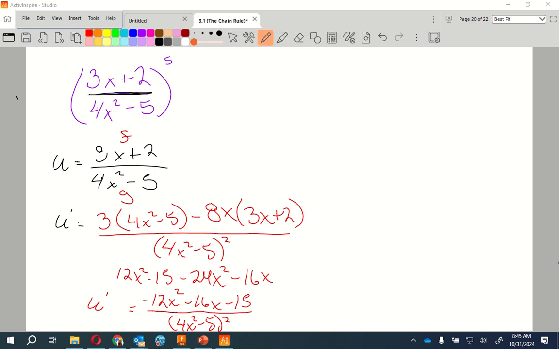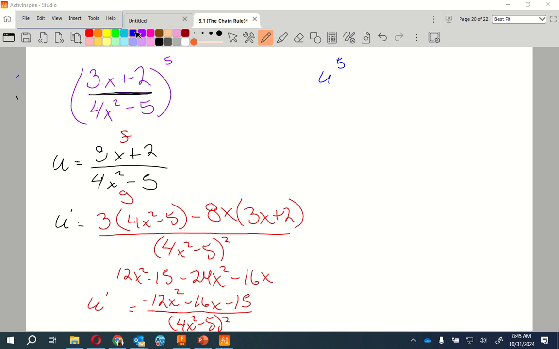Okay, so there we go. So we got our u prime, got our u. Now let's go back and write the original problem. But since I u subbed it, going to blue over here. So my original problem is now going to look like this. It's going to be u, right? U to the 5th power.